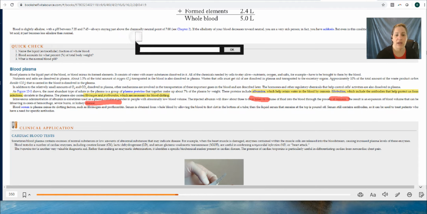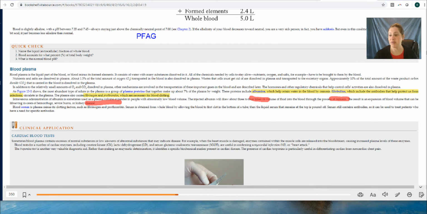I had a student many years ago who put these together as PFAG, and that is actually how I now think of it. If you were to say to me, Miss Becky, what are the plasma proteins? I immediately would go PFAG, and then I would go, and I got to think, prothrombin, fibrinogen, albumin, globulin, and I'll come up with it.